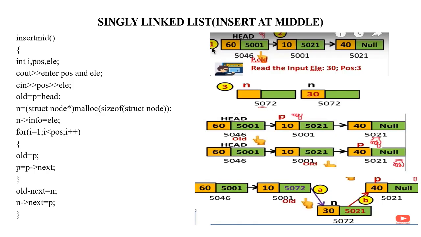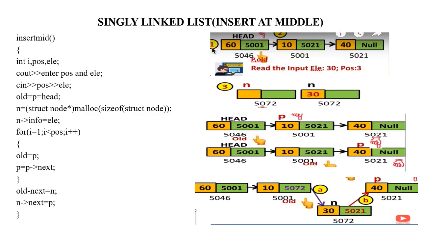So for example, P is initially in the head and old also was initially at the head. So now P next. Initially it was in the 5046. Now P has come to 5001 and old is in the 5046. Now again, I'm going to increment the P. So increment the P means P will be coming to 5021 and old will be coming to 5001.